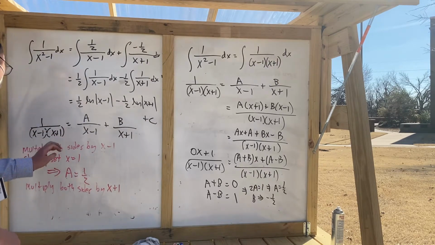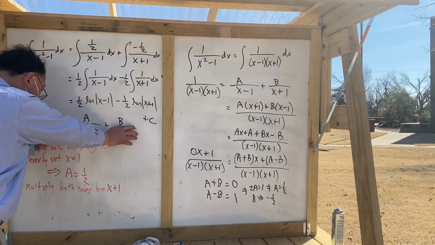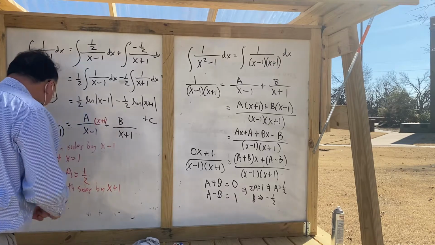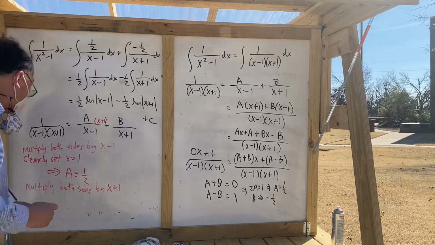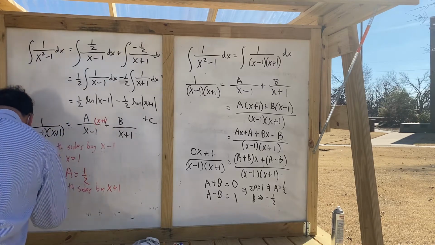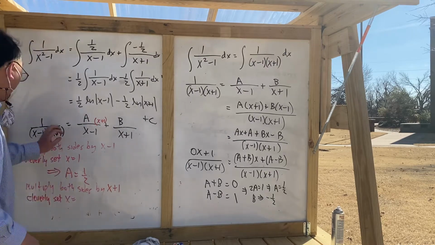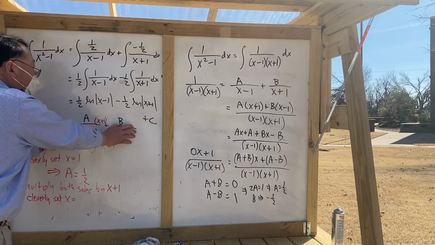I get just plain old b here, and I've got a times x plus 1 over here. Now, I'm going to cleverly set x equal to what? When I multiply both sides by x plus 1, I want this to go away, so I set x equal to what?